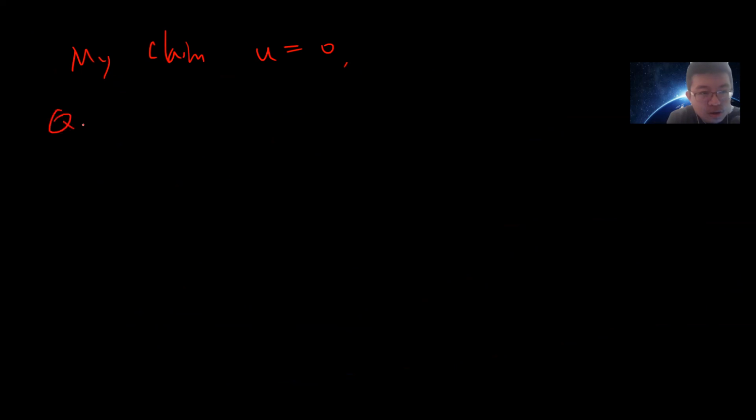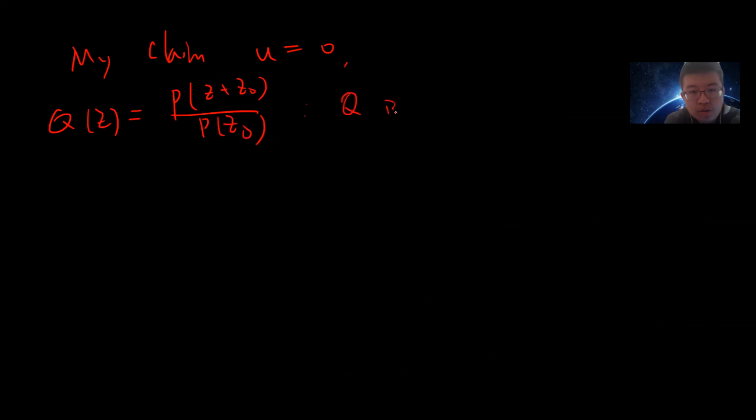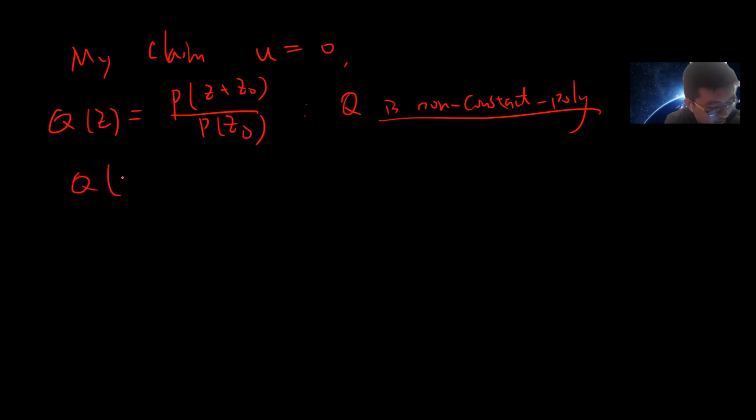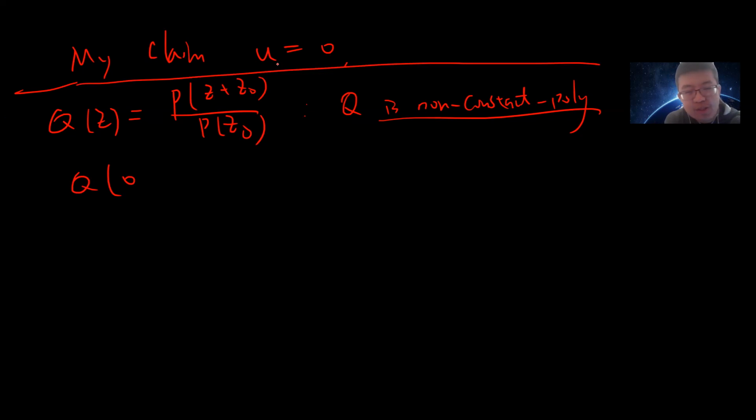Now consider Q of Z to be P of Z plus Z0, divided by P of Z0. Q is a non-constant polynomial by definition. My claim is that mu is 0.